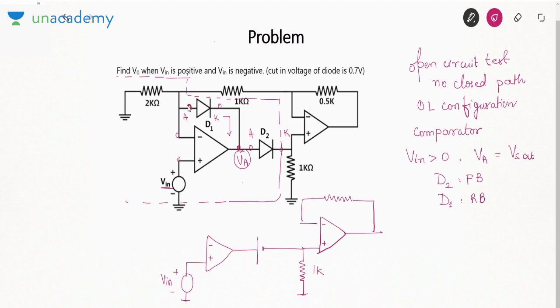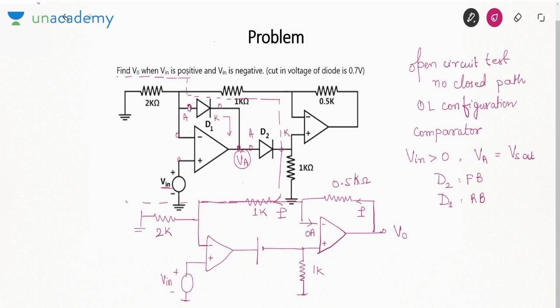Then there will be a 1 kilo ohm resistor, then 2 kilo ohm resistor. Now the other path is open circuited. This voltage is V0. The current here is 0 ampere. If the current here is 0 ampere, the current I, this will also be equal to I.